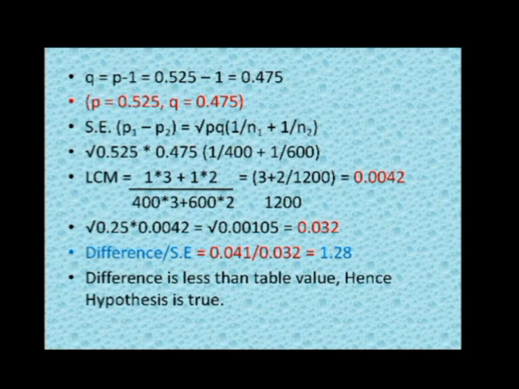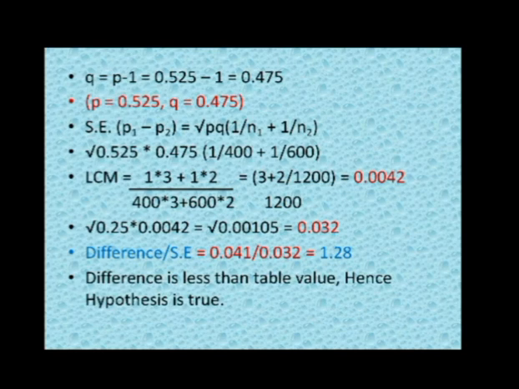So we have to add both of them, we have to get an LCM. I get this calculation of the LCM here and simplify it to 0.0042, which is the answer for 1 over sample 1 plus 1 over sample 2.